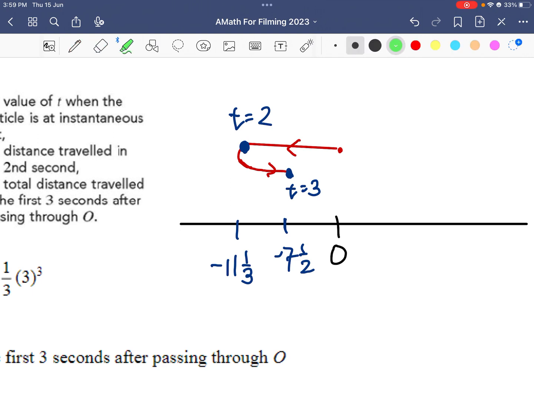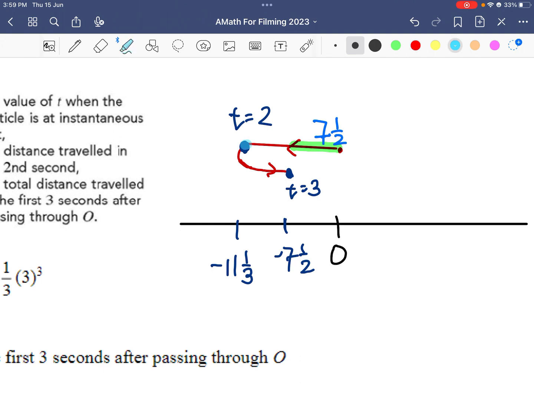If I were to highlight this portion in green, how do I find this value? Sorry, this is wrong. This portion in green is just 7.5 by itself.